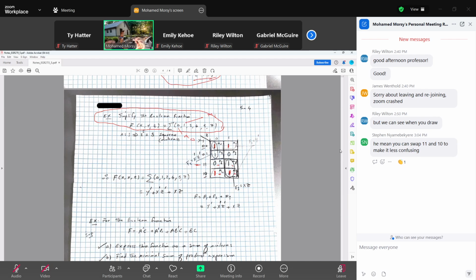We have ones at the top and ones at the bottom, and fold it like this. If you fold it, these ones will be adjacent. Everyone see what I'm saying? So actually, we have 4 adjacent ones here.